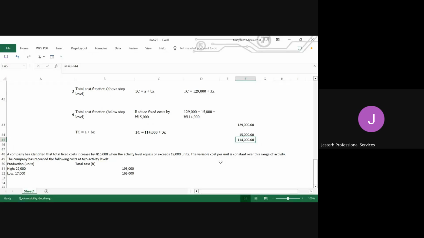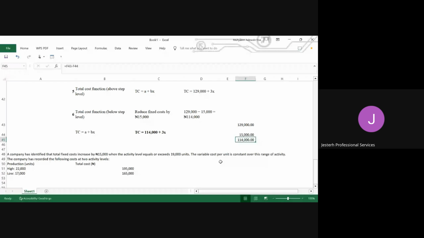The purpose of this is just to know, because in the question, they can just give us the total level of activity and then the associated cost. But from the narration, the examiner can just decide to come up with another scenario, which we need to pay much attention to.